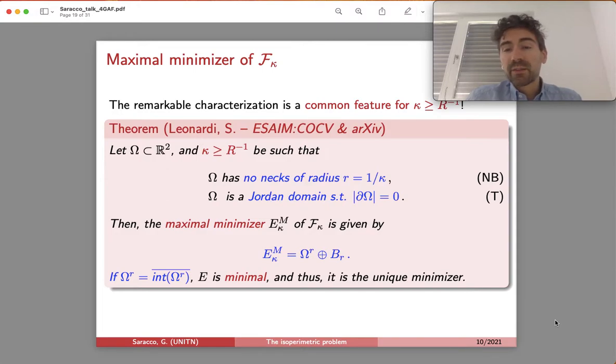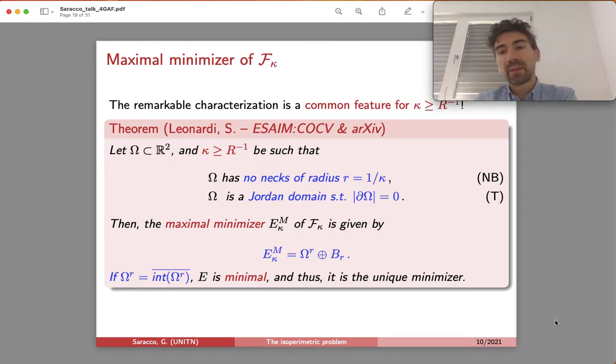If omega is a Jordan domain whose boundary is a non-space filling curve and omega is nonexceptional of radius the inverse of the kappa you fixed, then the maximal minimizer of the functional perimeter of E minus kappa times volume of E, in the right class that we described in the first lecture, is given by the union of all the balls of curvature kappa, that is, of radius the inverse of kappa.